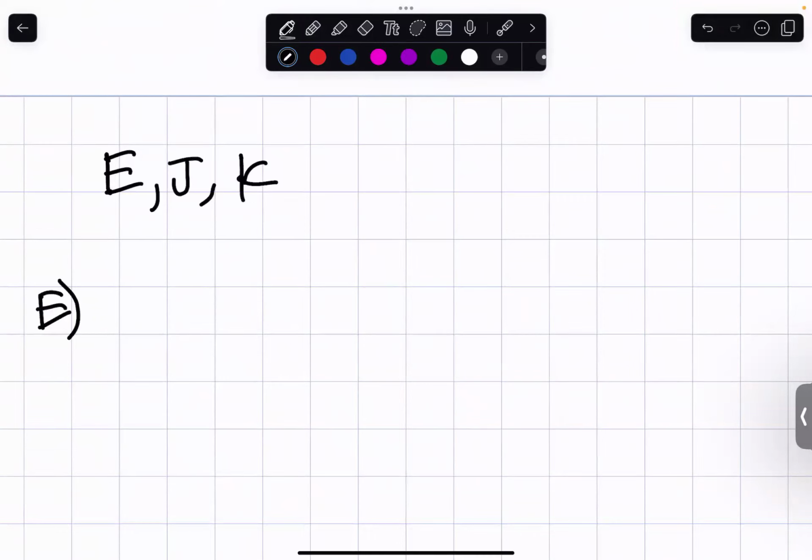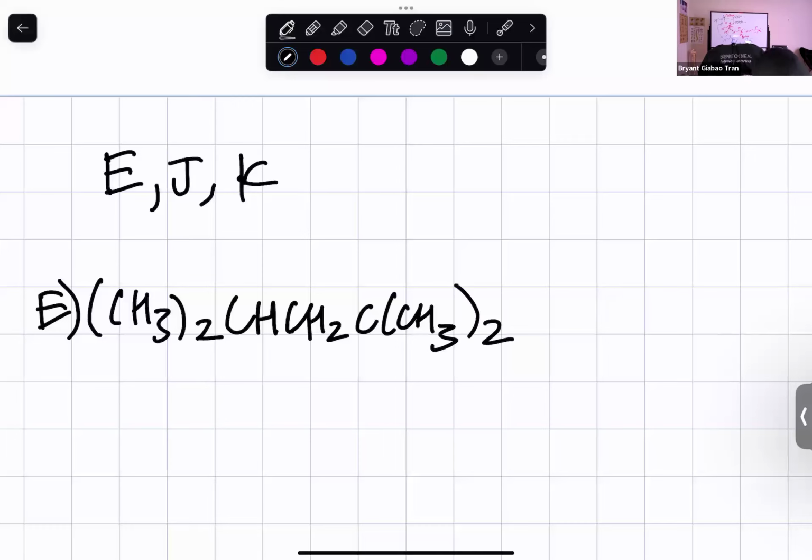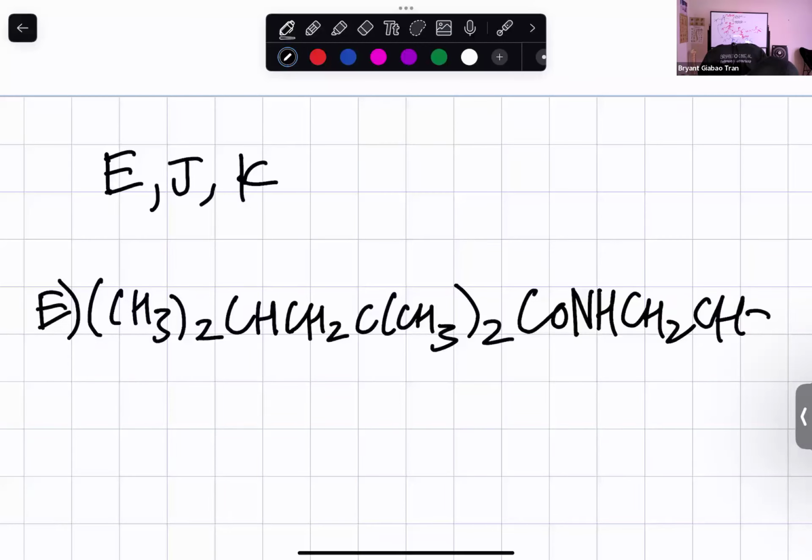Okay. E is saying CH3 to CH2. I haven't looked at the key for this yet, so we'll walk this together, and then hopefully we get it right. Okay. NH, CH2, CH3.